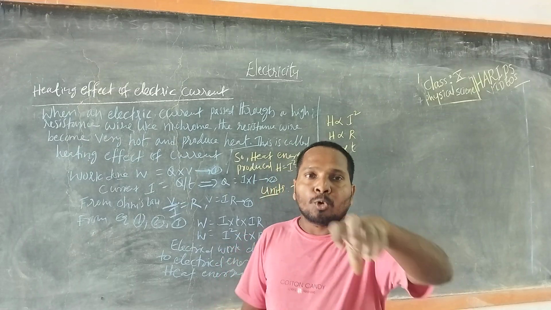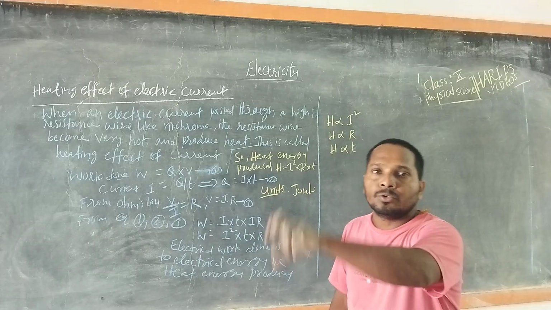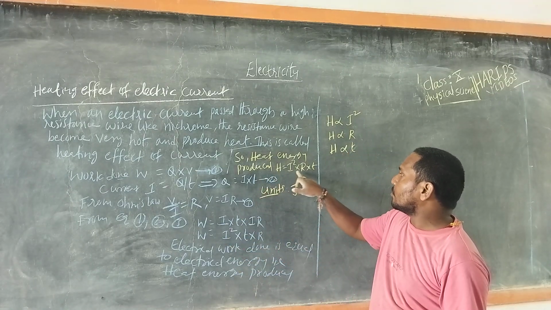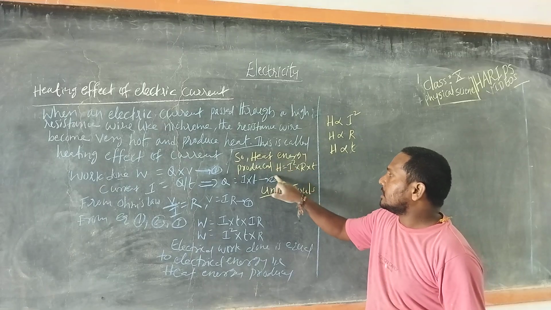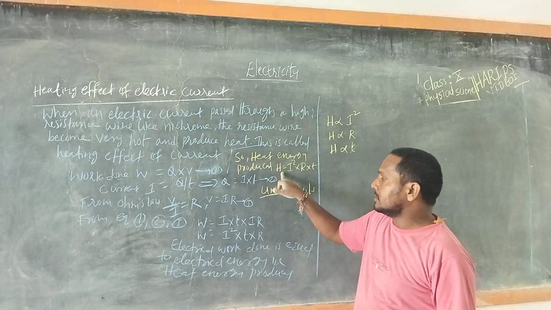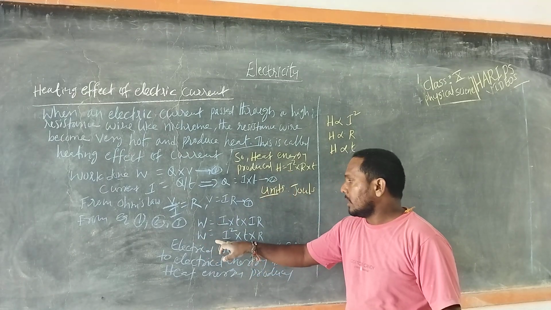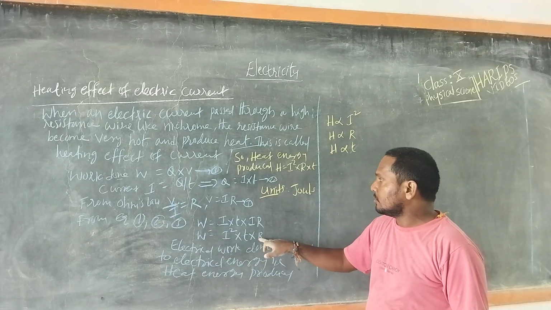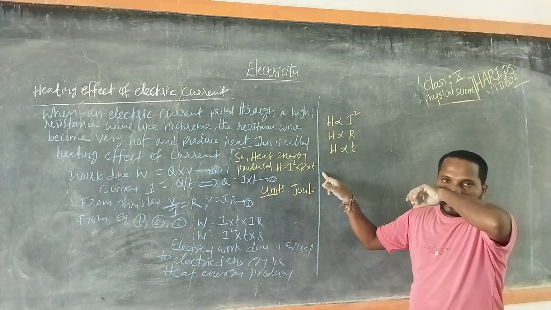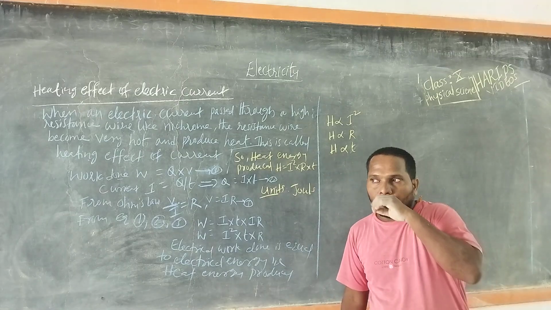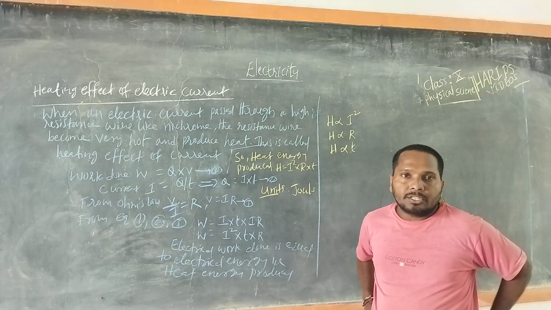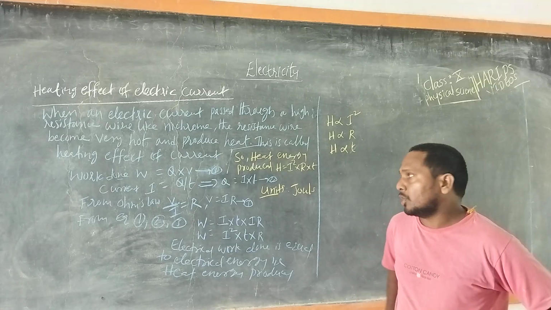So the heat energy produced by electrical work done, H, is equal to I square into R into T. This heat energy produced is equal to work done. So H is equal to I square into R into T. Energy we can measure in terms of joules.